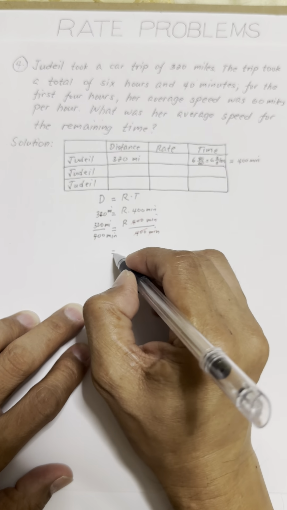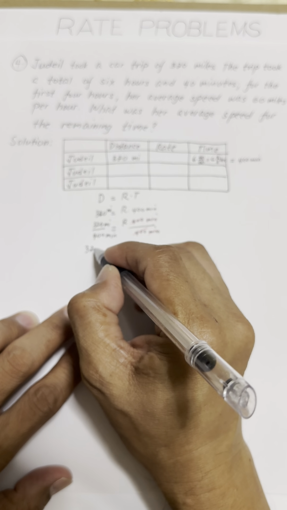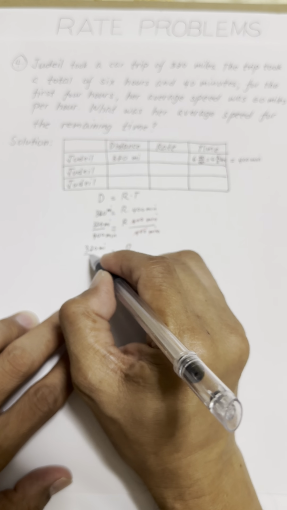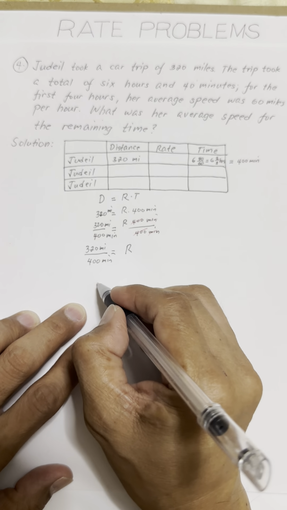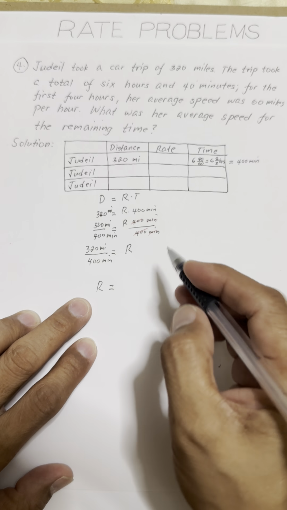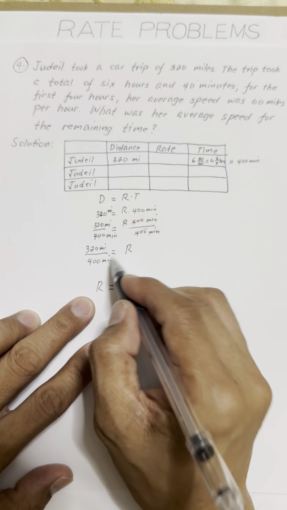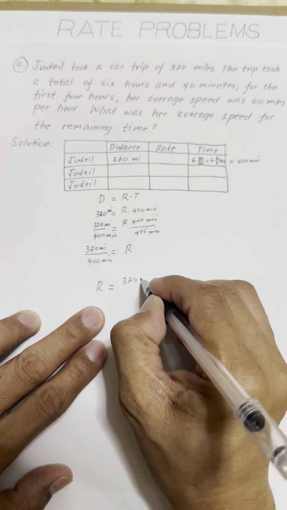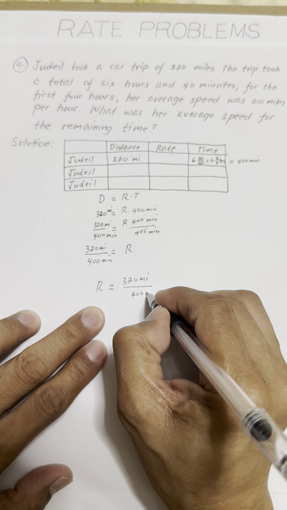So let's rewrite this as R equal to 320 miles per 400 minutes. To easily handle this equation, let's put R on the left side and the other one on the other side. So we have 320 miles per 400 minutes.